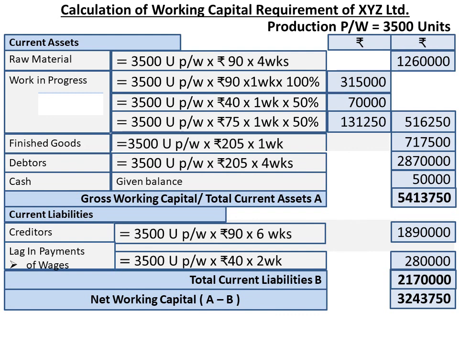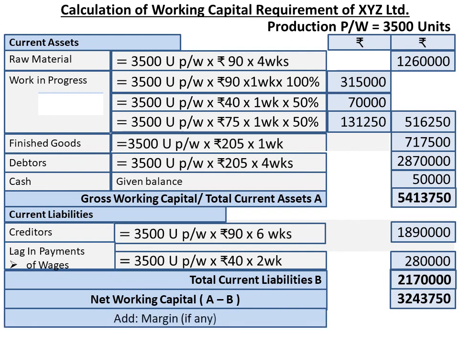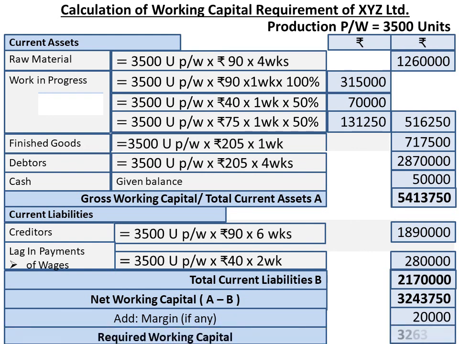So net working capital here is rupees 32,43,750. Now add margin which is given in the question, rupees 20,000. Therefore actual working capital requirement here for XYZ Limited is rupees 32,63,750.